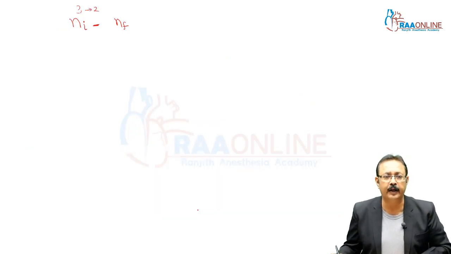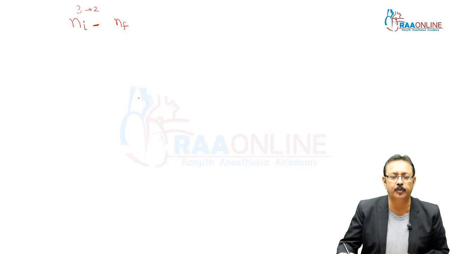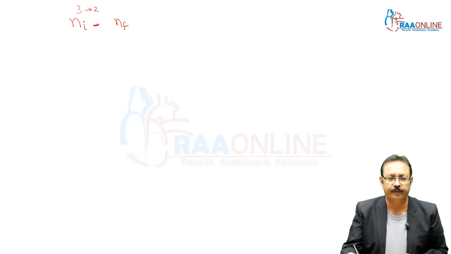So now if the electron is jumping from Ni to Nf, it will emit energy which should be equal to the difference of these two energy levels.